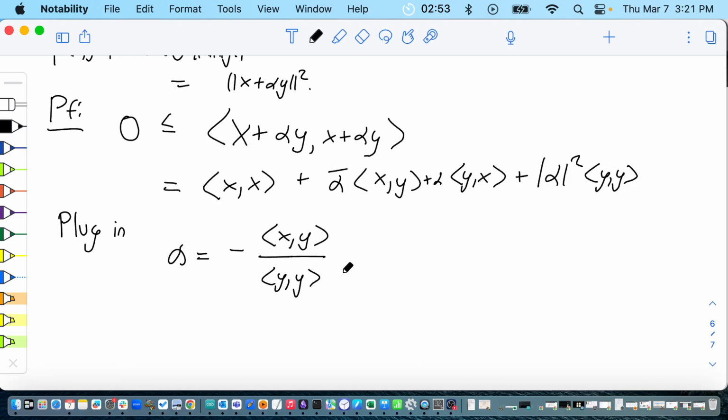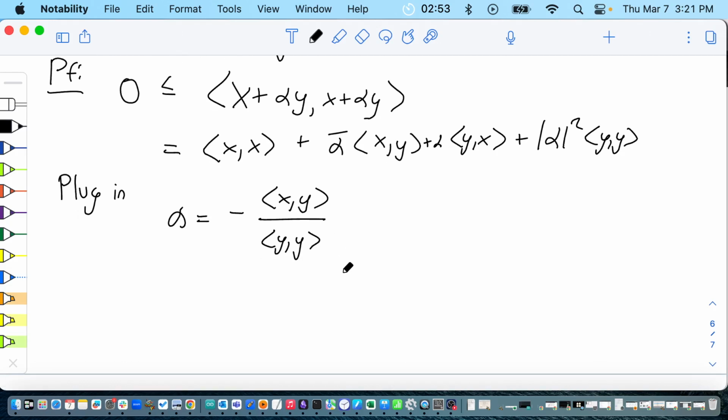If you plug that in, you get an equation with a lot of y's on the bottom, because alpha has yy on the bottom. So to simplify, multiply both sides of the equation by yy.